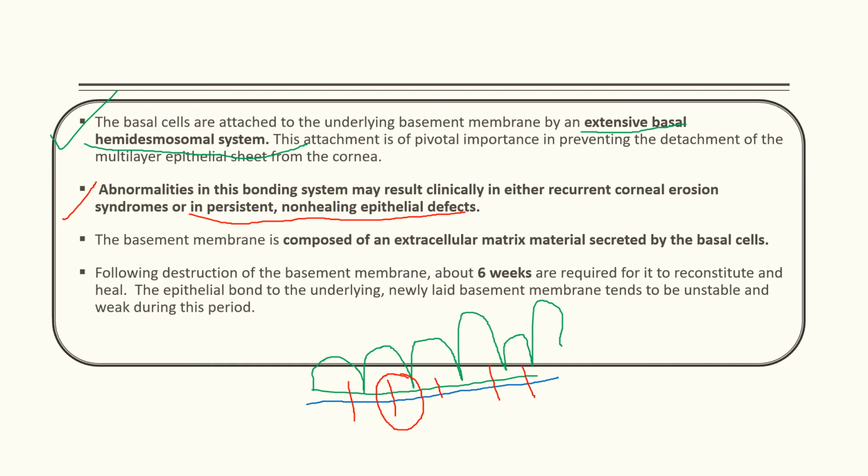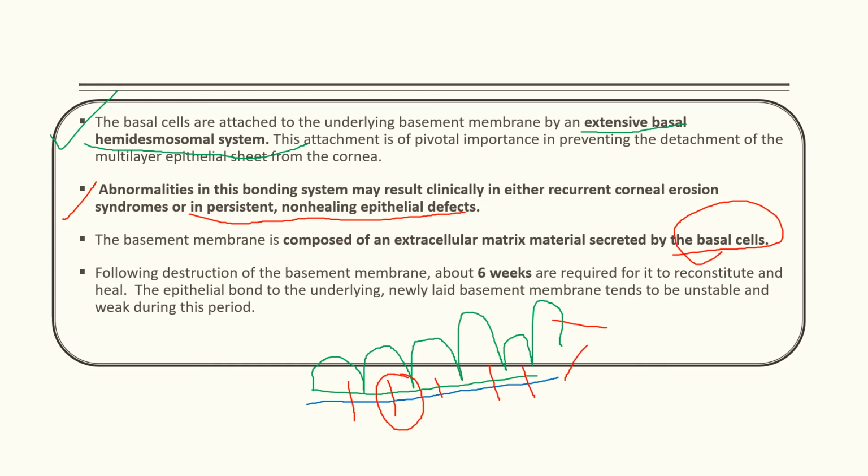Now this basement membrane, this blue structure, is composed of an extracellular matrix material which is secreted by the basal cells. Now following destruction of the basement membrane, about 6 weeks are required for it to reconstitute and heal.